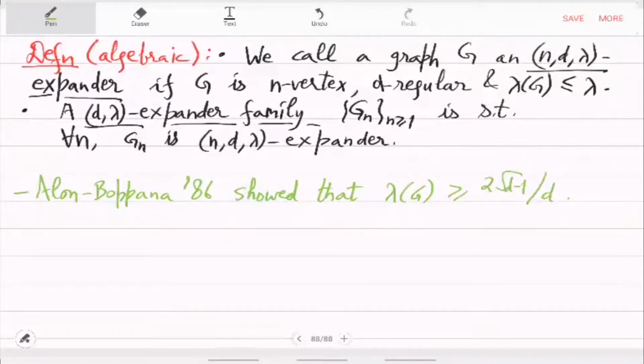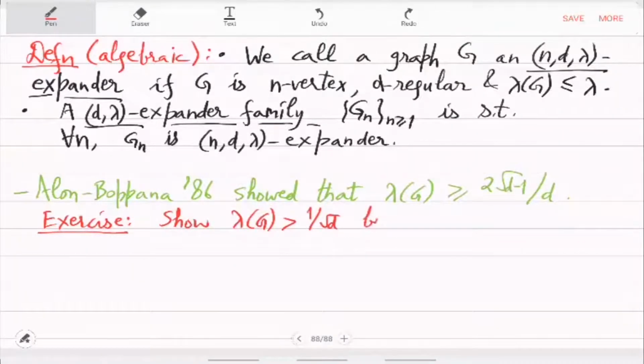but as an exercise you can show that lambda G is greater than 1 over square root d by using trace of a square.